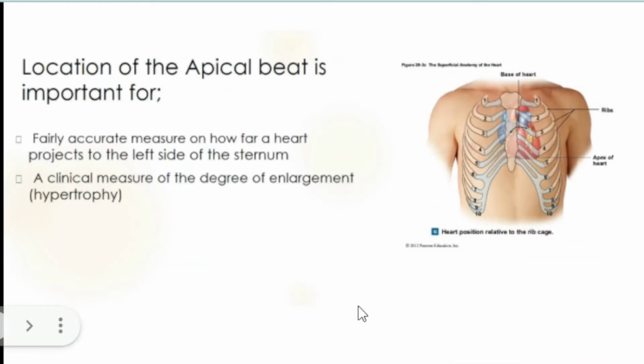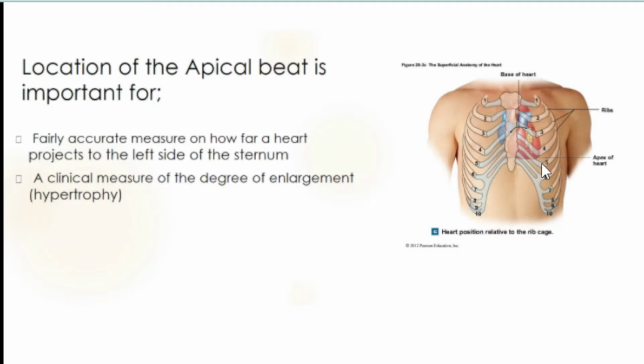Now, why is that important for us, understanding the position of the heart? Because there is such a thing that we call apical beat or apical heartbeat. Generally, we are able to hear the heart sound loudest at the apex. In Tagalog, pinaka-naririnig natin yung tunog ng puso at the apex.